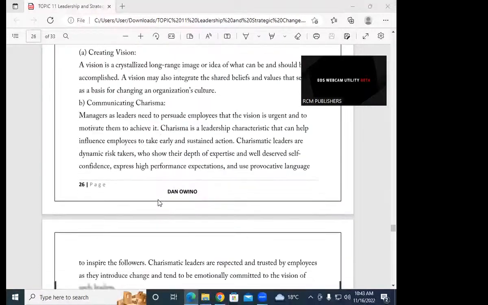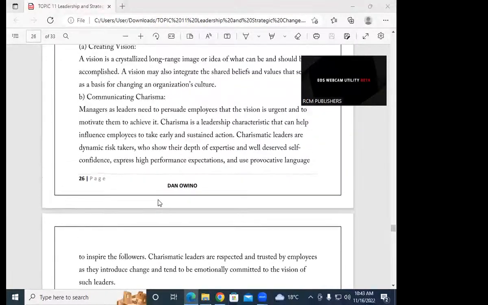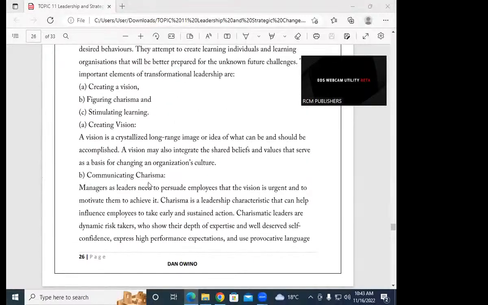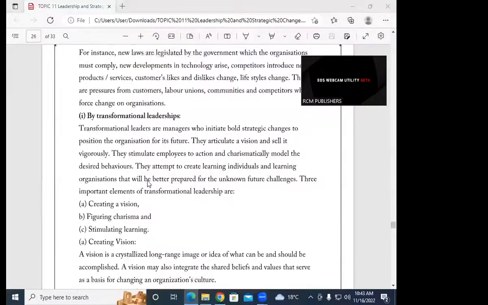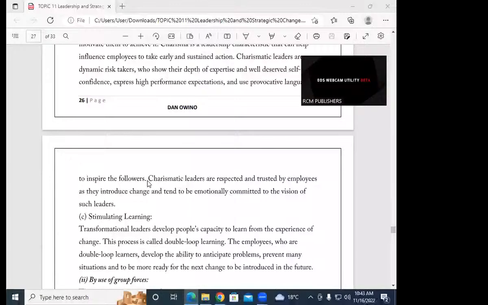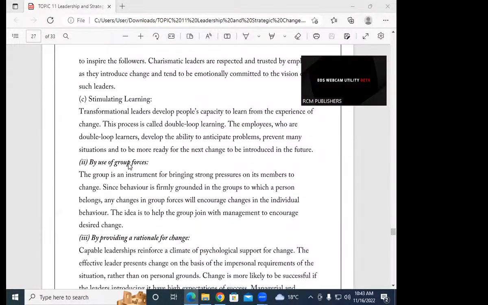The number 2 method is, no, I'm getting mixed up. Number 2 is by use of group forces. Groups also have a stronger influence and power in the process of introducing strategic change.